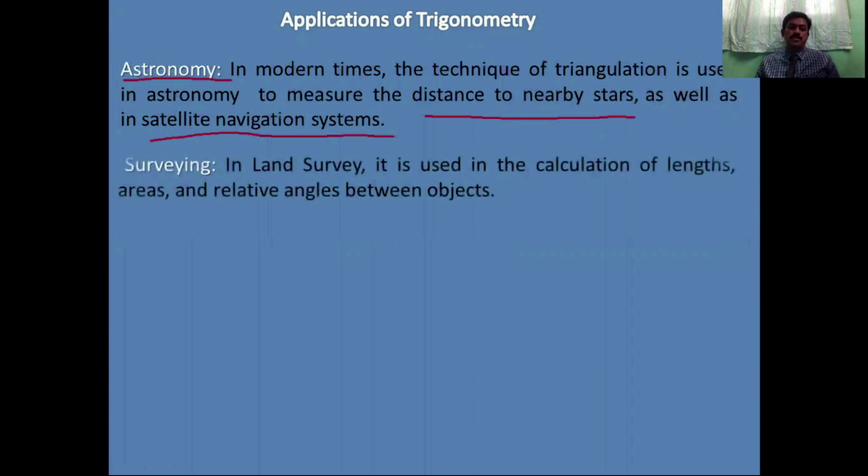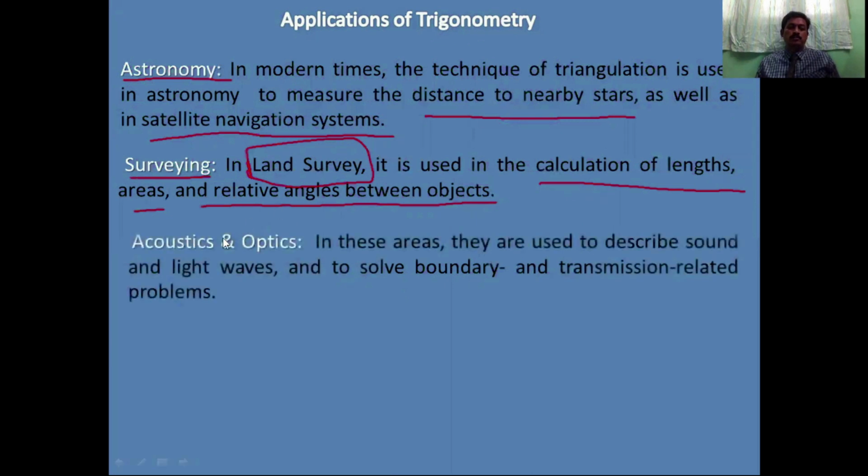The next application is surveying. In surveying land, we use this concept. It is used in the calculation of lengths, areas, and relative angles between objects. The third application is acoustics and optics. This is nothing but physics. We apply trigonometric concepts in physics.